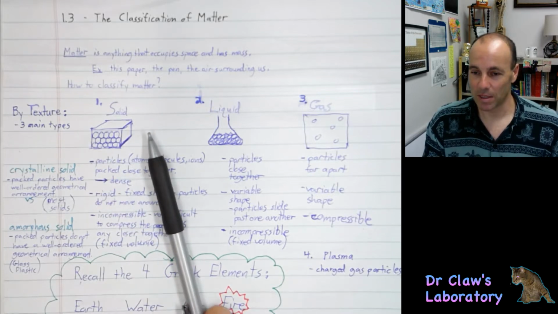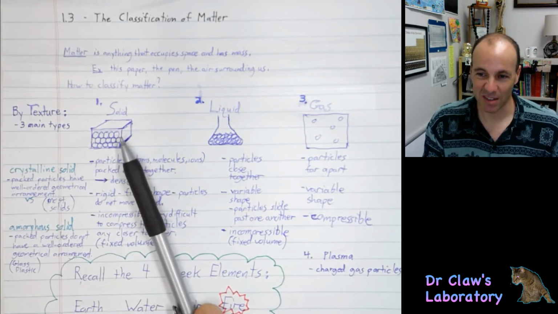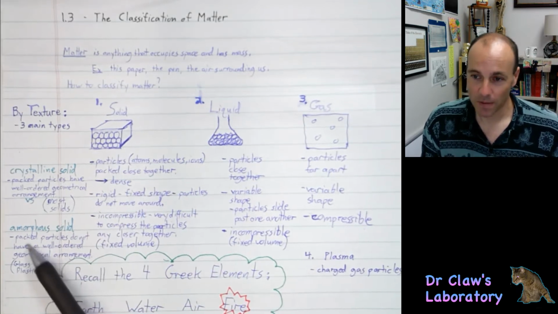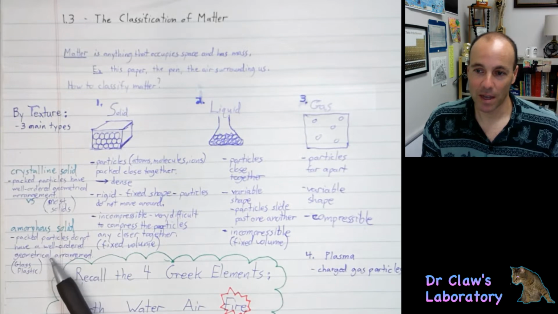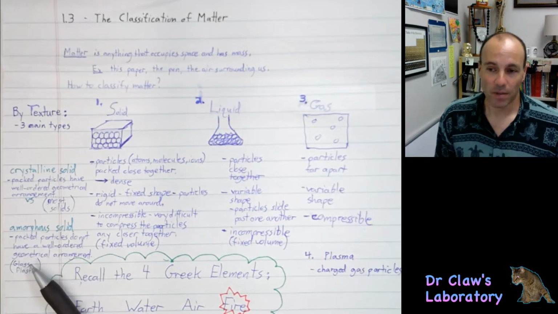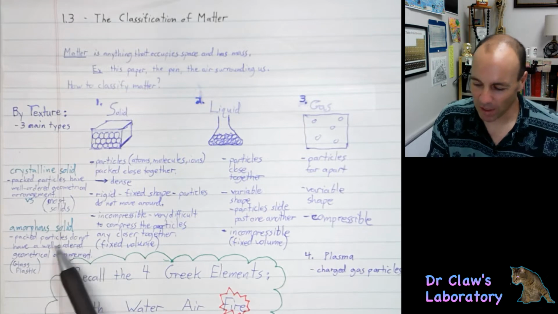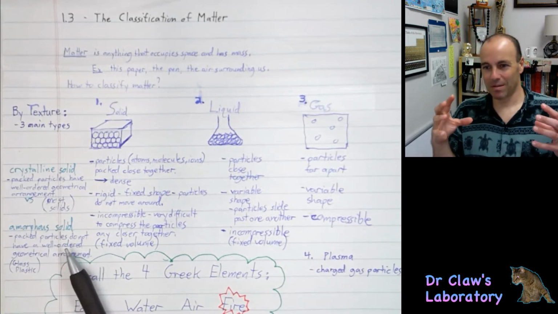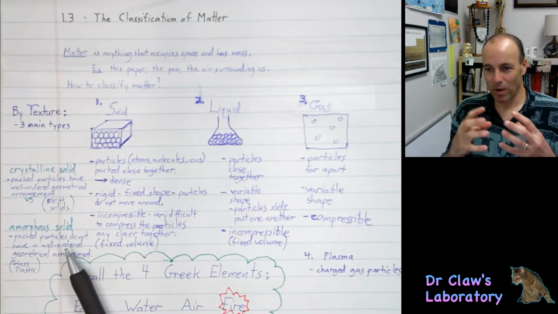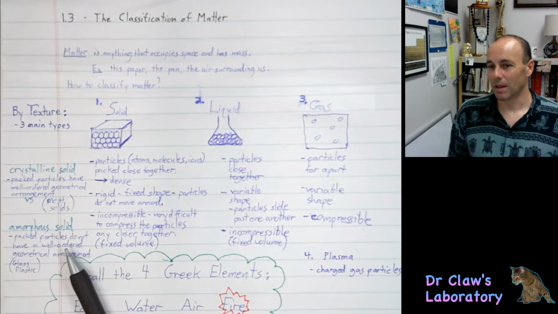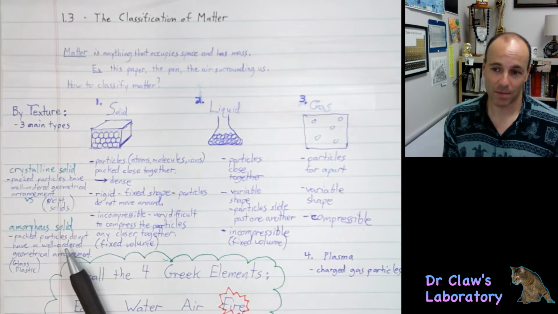Those are crystalline solids, crystals. Amorphous solids are less common, but examples are glass and plastic. In amorphous solids, the particles do not really have a well-ordered arrangement. They're just frozen in whatever configuration they happen to be in, with no long-range order like crystals have.